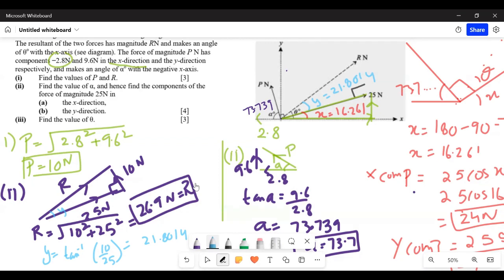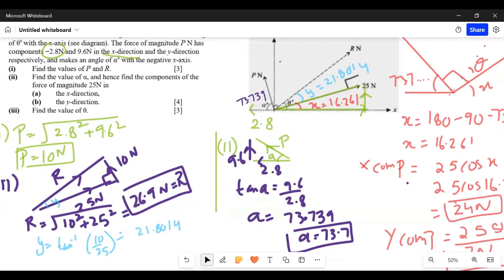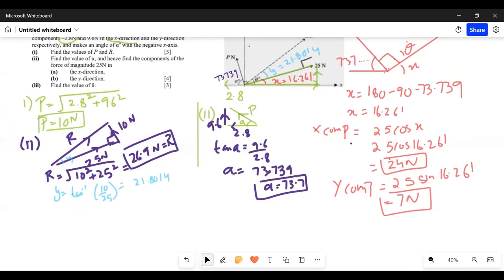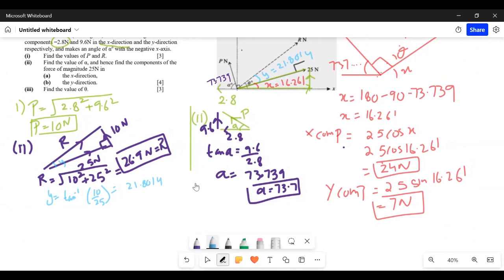When you add these two angles for part 3, 21.8014 plus 16.261, you get 38.0624, which is 38.1.